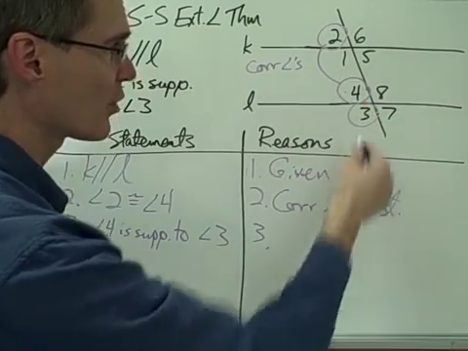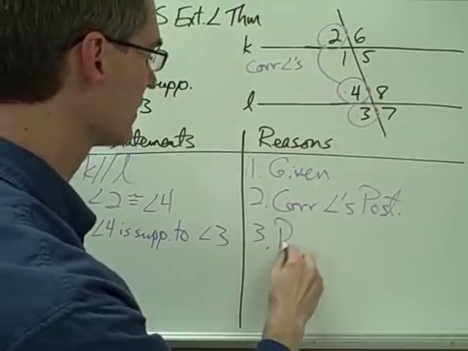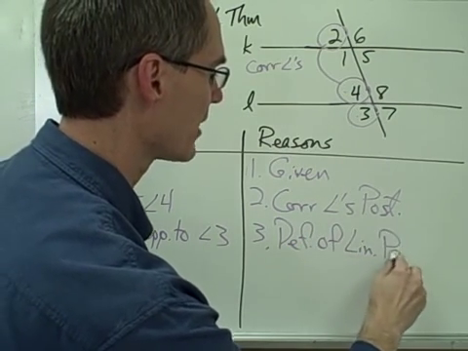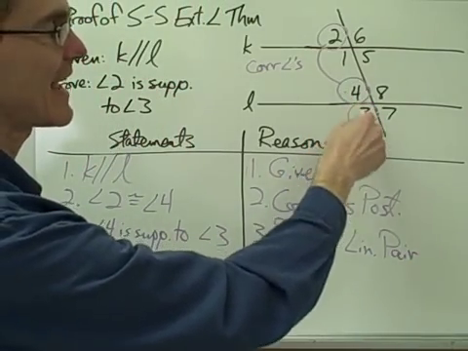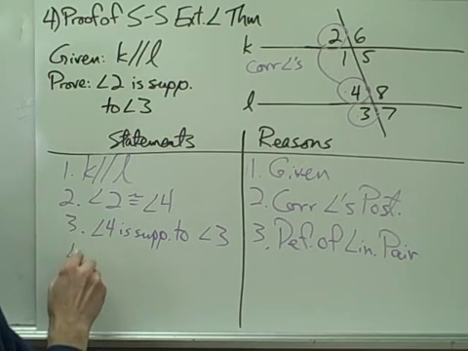How do I know that angle 4 and angle 3 are supplementary? Well, they form a linear pair, and the definition of linear pair angles says that linear pair angles are adjacent and supplementary. So angle 4 must be supplementary to angle 3.